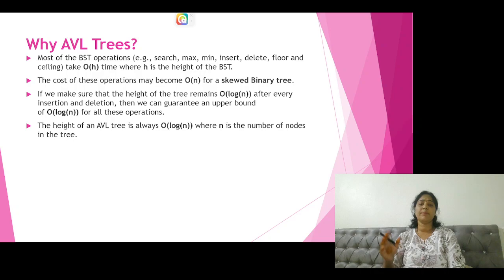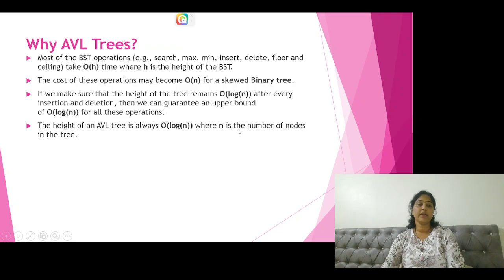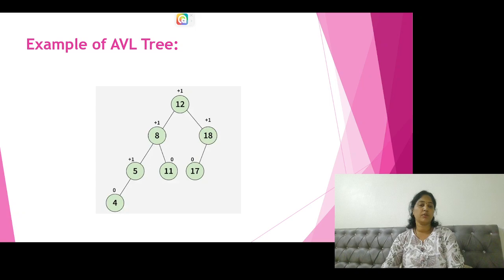Whenever it is completely right skewed, it takes that much complexity, let's say order of 6 in the last example. The cost of these operations may become order of n for skewed binary trees. So if we make sure that the height of the tree remains order of log n after every insertion, then we can guarantee an upper bound of order of log n for all these operations. This is exactly why AVL trees are required: to reduce the complexity.